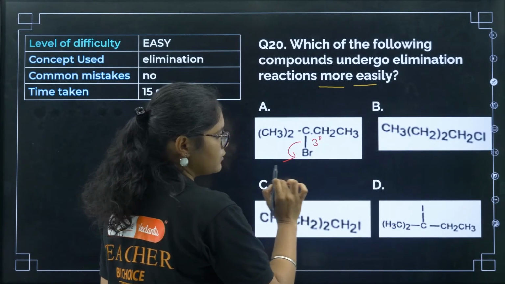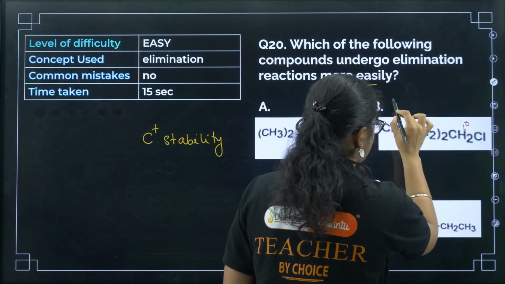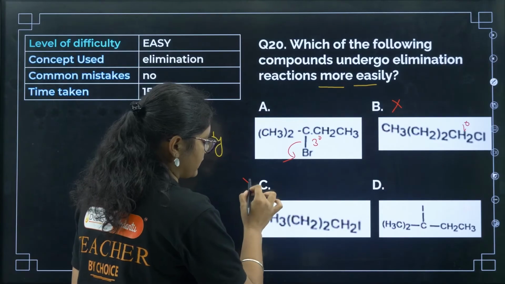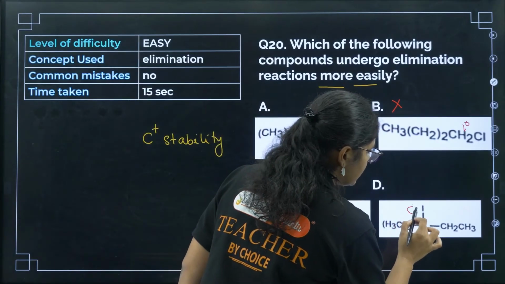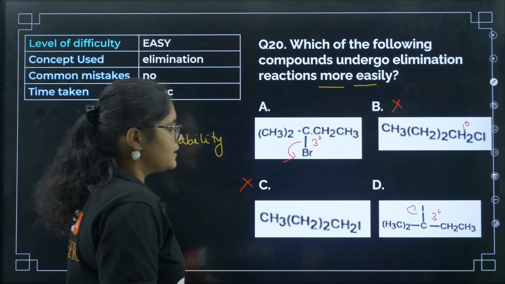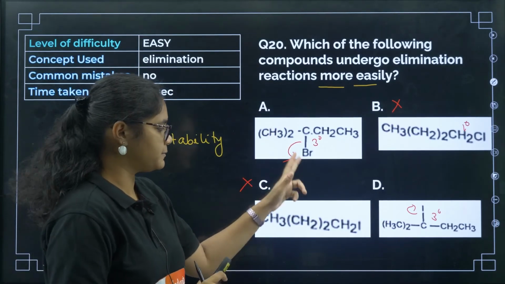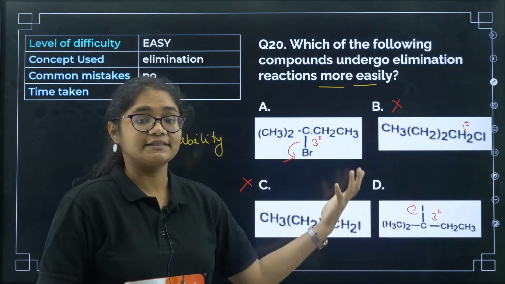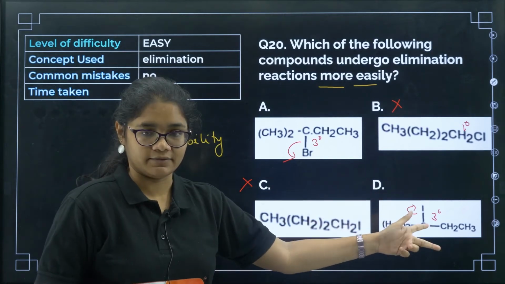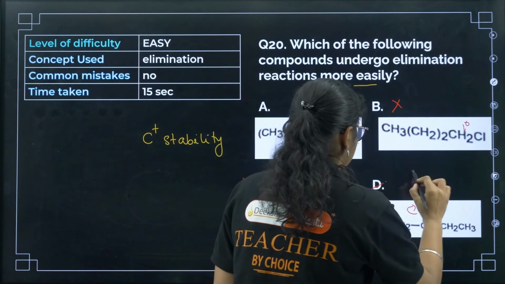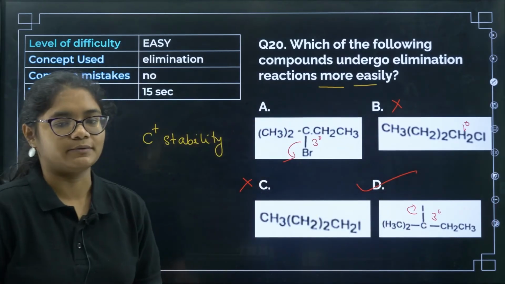Here I will get a primary one, so definitely primary cannot be the answer. Here also I will get a primary one, cannot be the answer. But here also I will get a tertiary, right? Now if both are giving you tertiary, the first step is breaking of Br and Cl. Just now we discussed that the C-I bond is very weak, it can break easily, right? So that is why this one will have the fastest reaction, option number D.